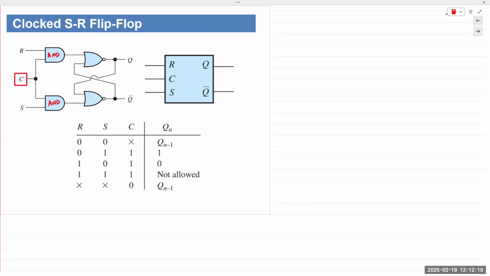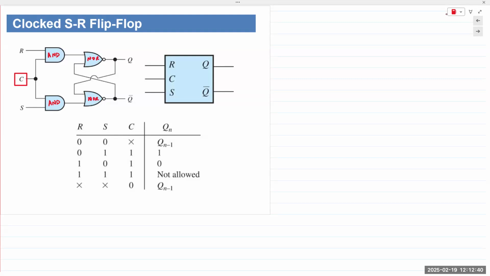The clock signal is simply a square waveform, which is on for a certain portion of time and off for another portion of time. It's a rectangular waveform with a 50% duty cycle. And this is the NOR, so standard SR flip-flop.